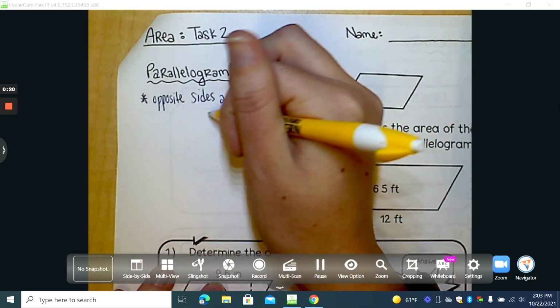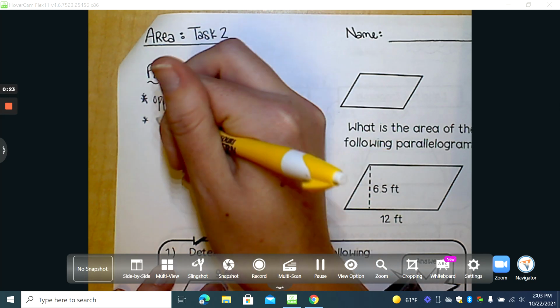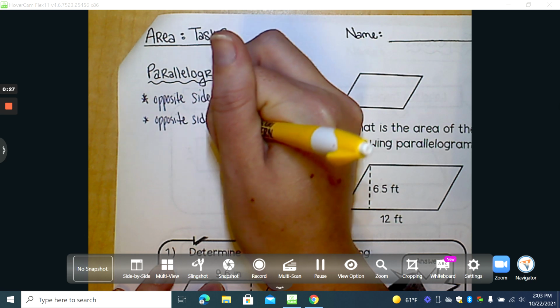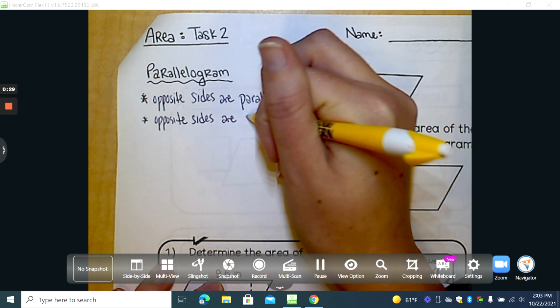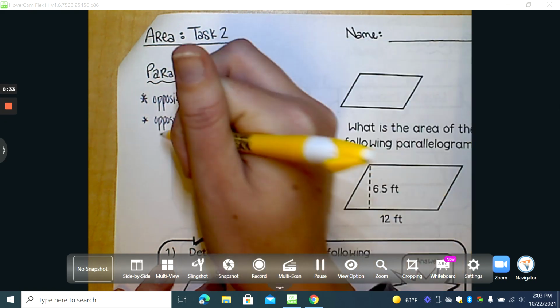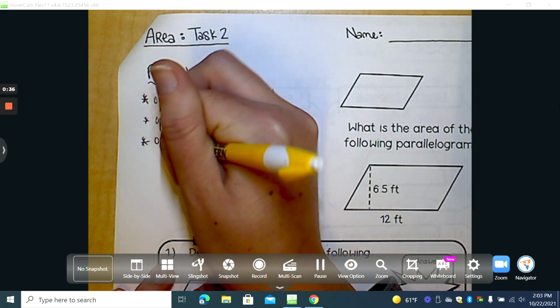Their opposite sides are also congruent, meaning they're equal to each other, and their opposite angles are congruent.